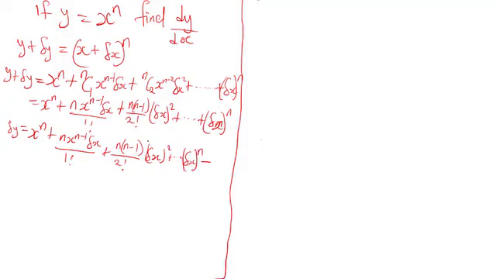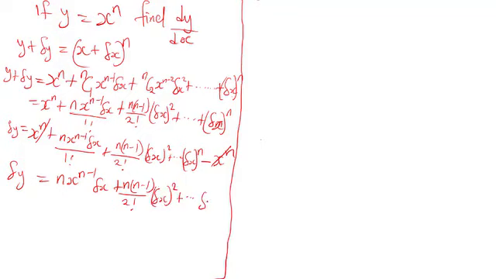minus our y, which is x raised to power n. So this x raised to power n cancels x raised to power n. We now have change in y equal to n x to the power n minus 1 change in x plus n minus 1 all over 2 factorial change in x raised to the power 2, plus until you get to change in x raised to the power n.